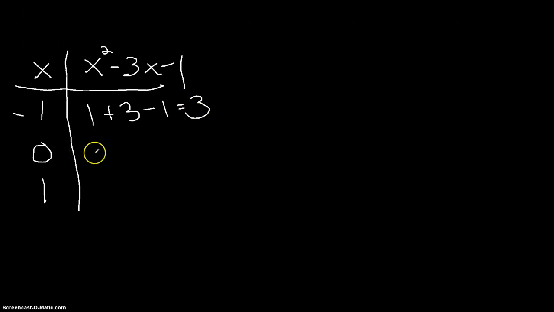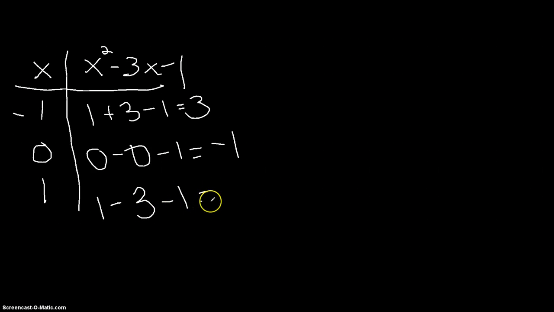Alright, so 0 squared minus 3 times 0 minus 1 is negative 1. And then 1 squared minus 3 times 1, or negative 3 times 1, minus 1 is negative 3, I believe. 1 minus 3 is negative 2, minus 1 is negative 3.